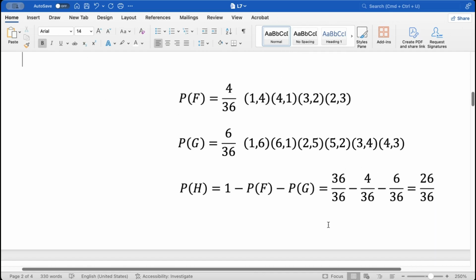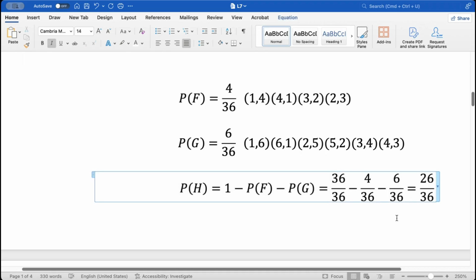The probability of H is 1 minus the probability of F, probability of G. They're complementary events. H is the complement of F union G. And so it's 1 minus those probabilities. Common denominator, 36 out of 36, minus probability of F, 4 out of 36, minus the G, 6 out of 36, leaves us with 26 out of 36.